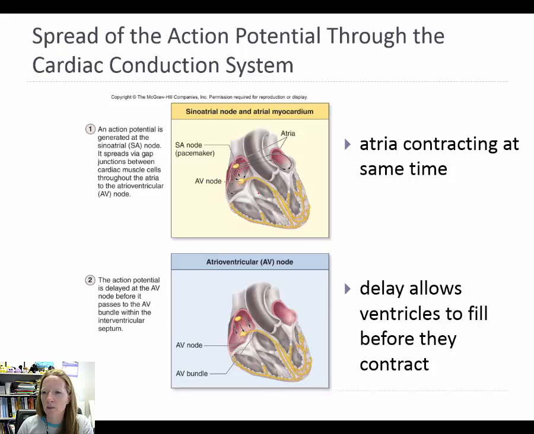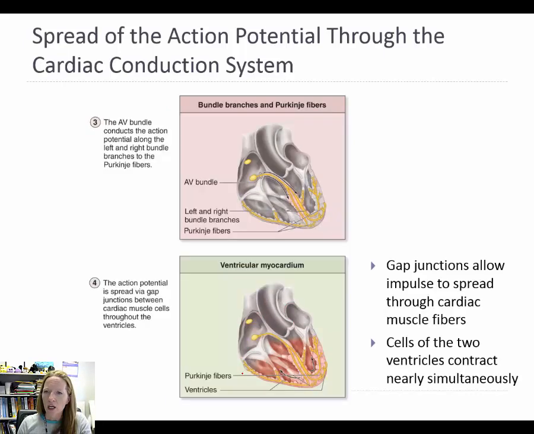But it's delayed enough to make sure that, since we just contracted the atria to move blood down into the ventricle, we get all of the blood in there. So that little delay at the AV node allows the ventricles to fill up.